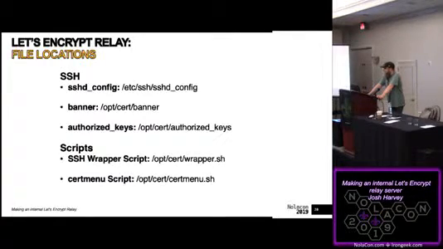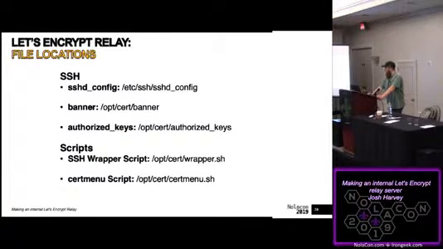I haven't mentioned installing Apache or creating the virtual host in detail because it doesn't require any special settings outside of the default installation. As you can see on this slide, everything we are doing is either in the etc SSH directory or the CERT directory.